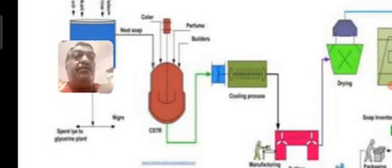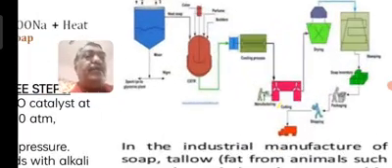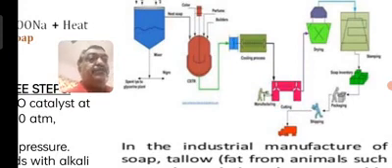So there is one tank that is called the iron tank, the second one is the vacuum tank, and the third one is the neutralization tank, and the rest of the process is the conversion into the various shapes. Well, when the neutralization tank has fatty acids along with alkali, some perfumes may be added to the soap so that the product will smell better and have a good aroma.